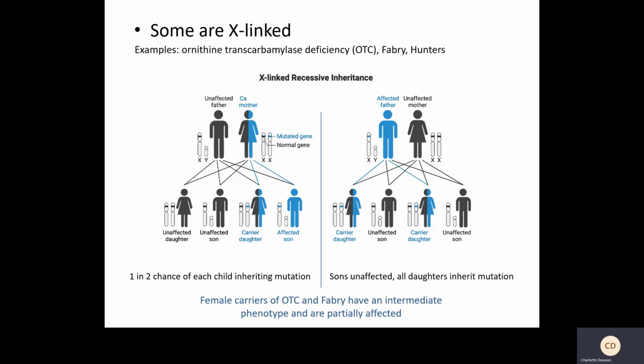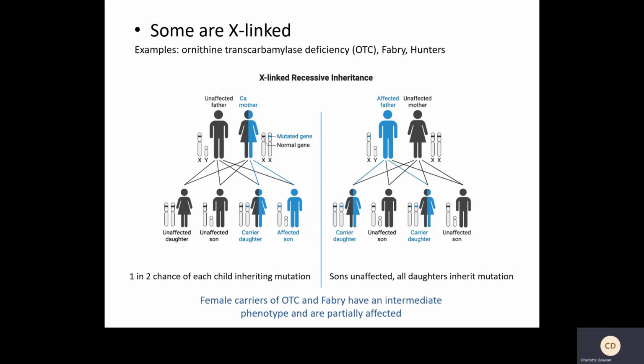This arises because of the process of lionization, whereby one or other of the X chromosomes is randomly switched off in each cell of a female's body.